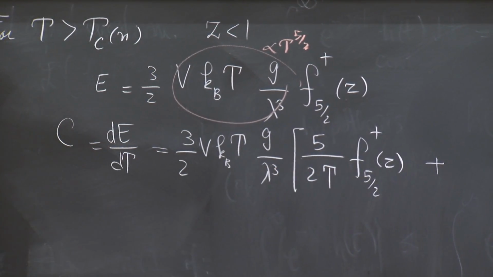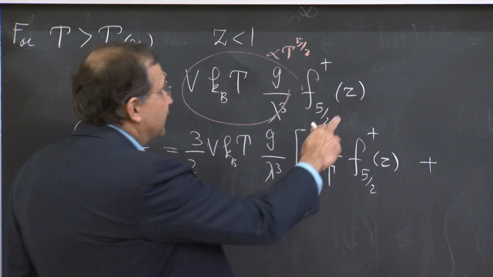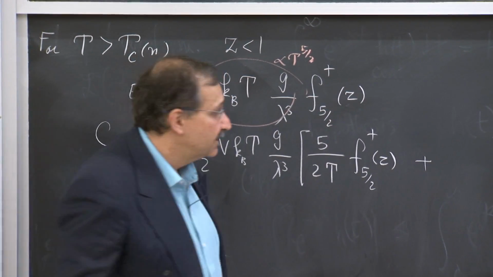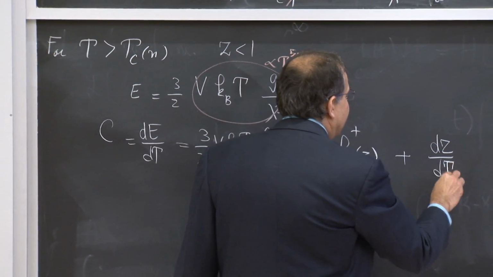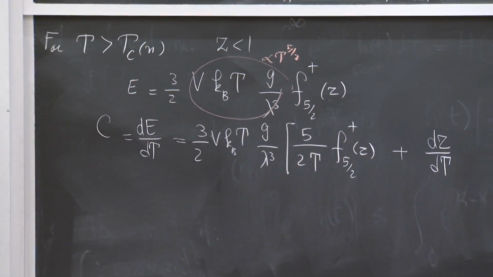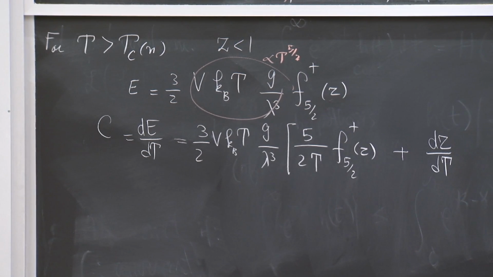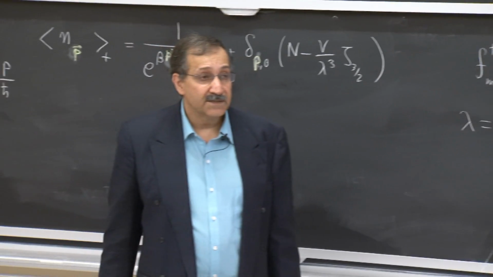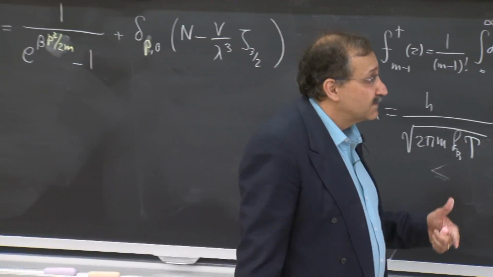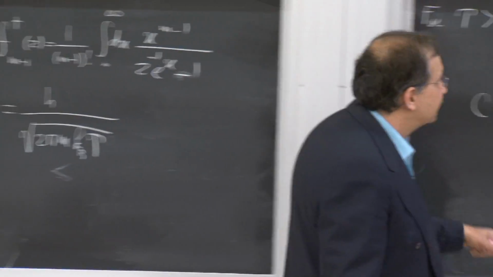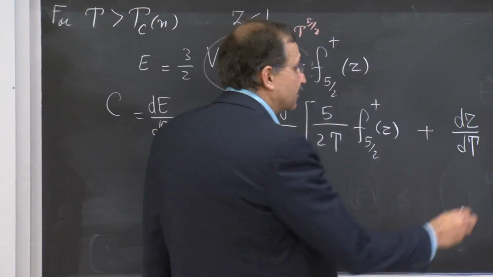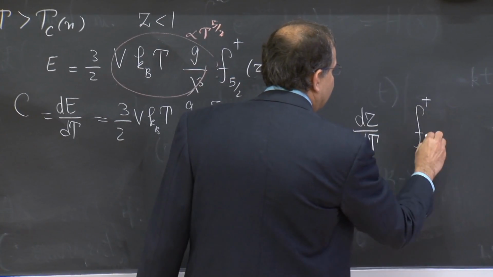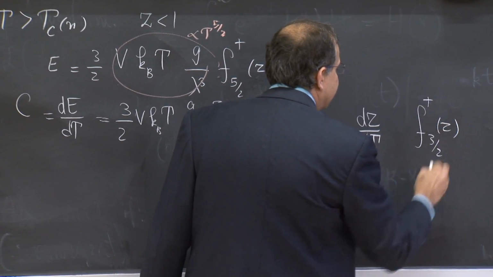Well, the argument is not T, it is z. So I will have to take a dz by dT, and then the derivative of f 5/2 with respect to z. And we saw that one of the characteristics of these functions was that when you took the derivative of each one of them, you generated one with a lower argument. So the derivative would be f 3/2 plus of z.